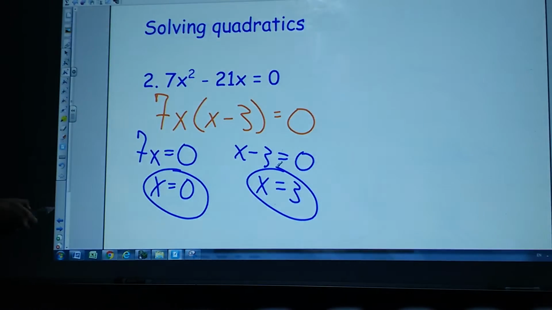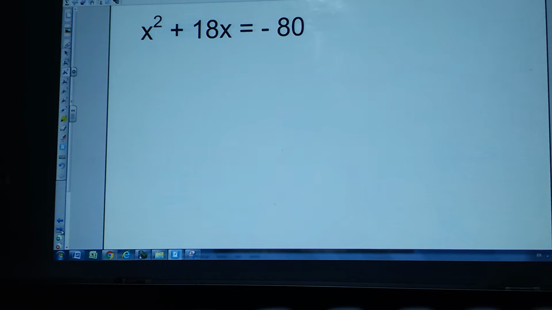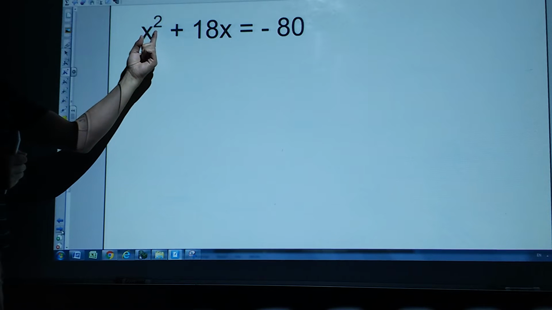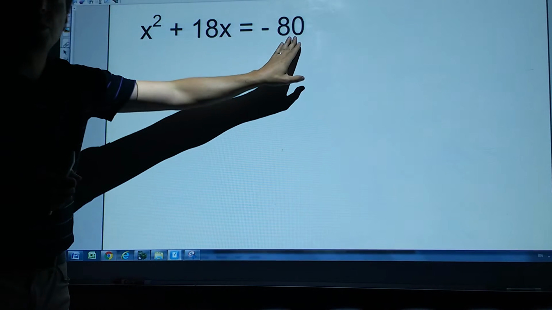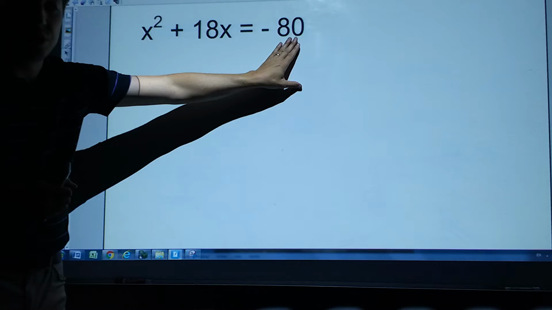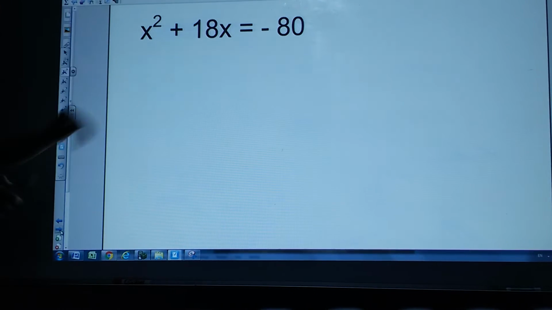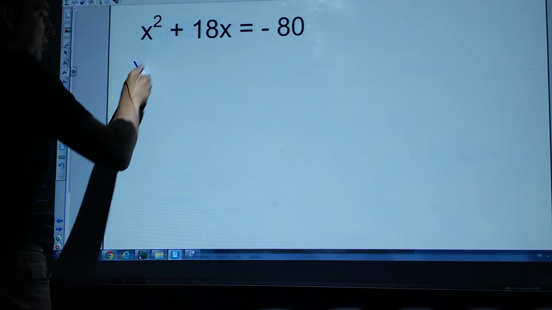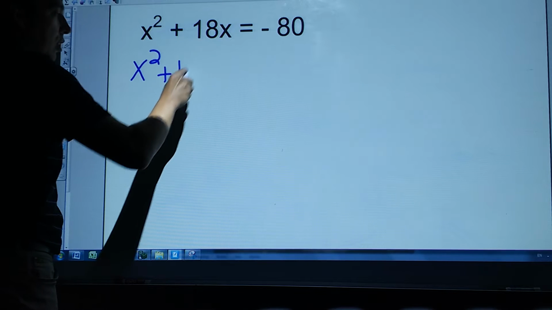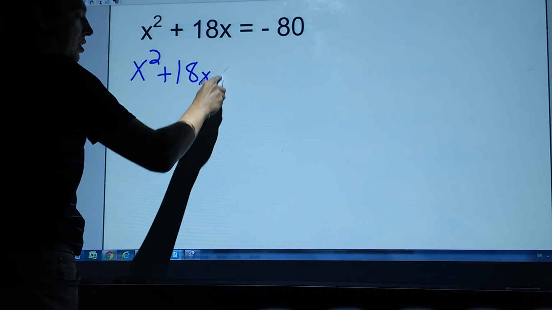Let's go on to a new type of problem. This one. The first thing I said was, once I see this x squared, I must have one side equal to 0. Well, this side doesn't equal 0, so I'm going to move this over. When I add 80 to both sides, I'm going to get something that looks like this.